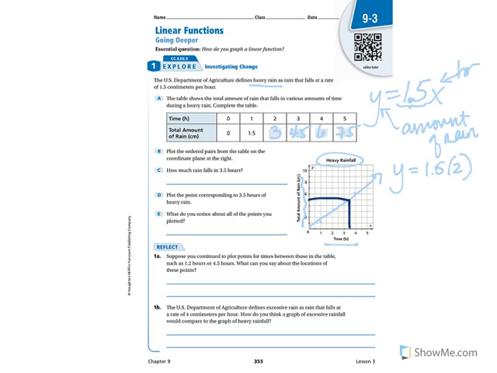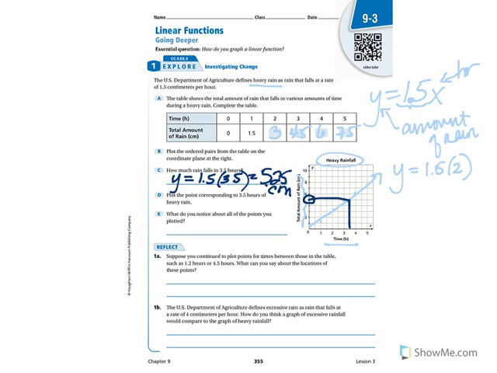Or what we can also do is take our equation, y is equal to 1.5, and times it by the 3.5 hours. Either way, we get 5.25 centimeters. Okay, so from our graph, we can see that as well. Notice my line went down here, but that's about the point. So plotting that point on a graph would be the same thing.